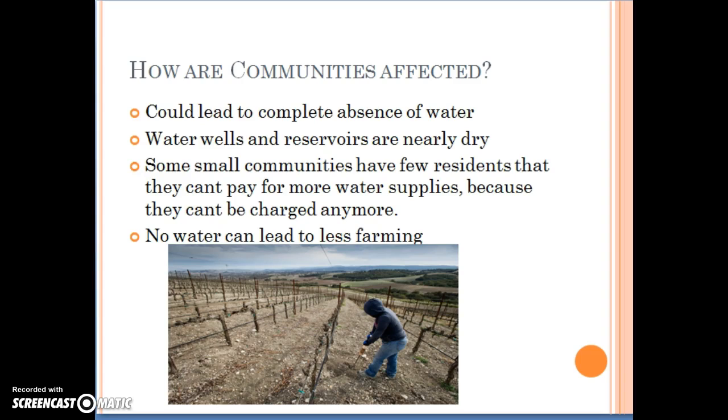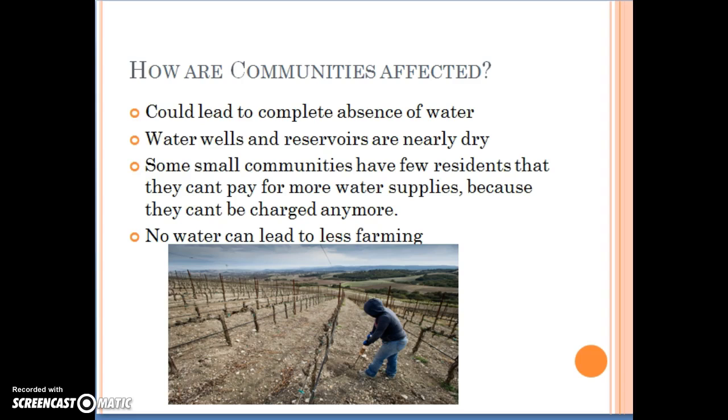So how are communities affected? How are communities being affected by this dry weather and the drought? Okay, so water wells and reservoirs are nearly dry. This means that the wells that we use to get our fresh water supplies are starting to dry up.